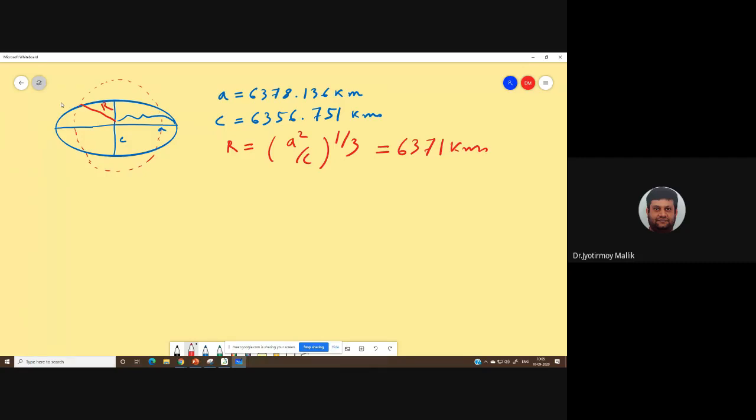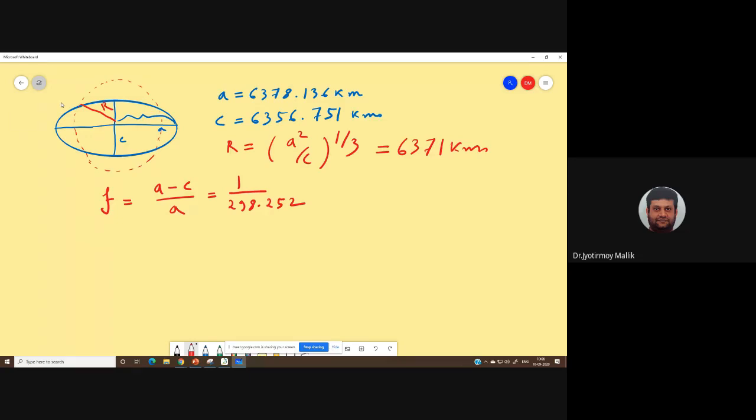Okay. We talked about the flattening, okay, and we said the flattening is A minus C by A, and that is 1 by 298.252. Okay.